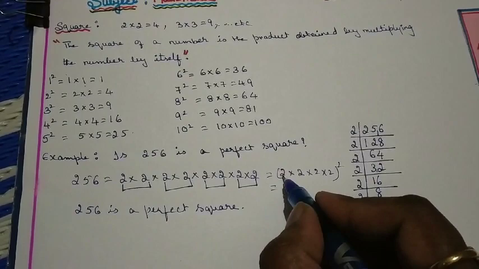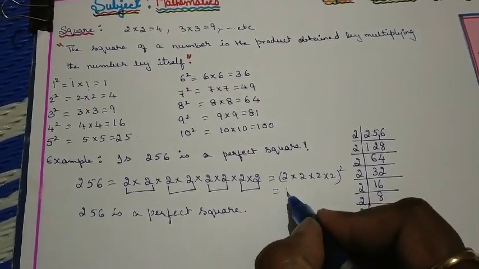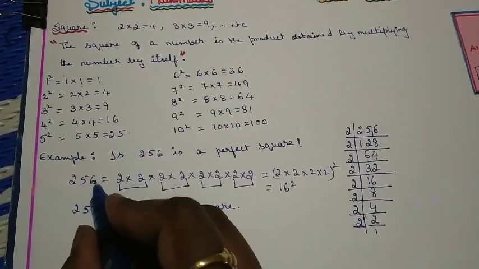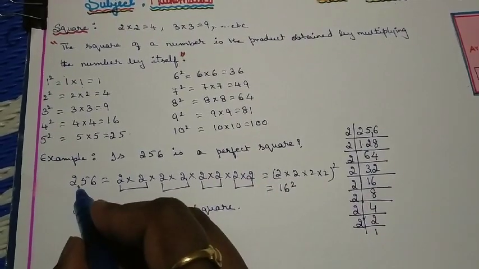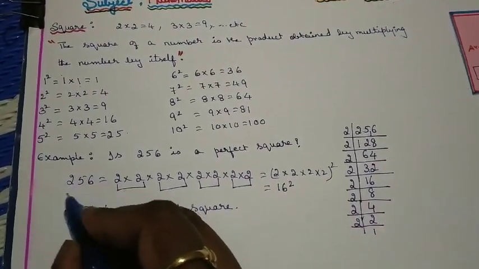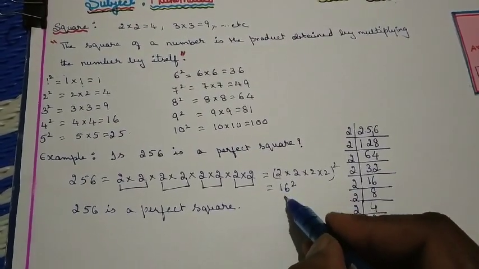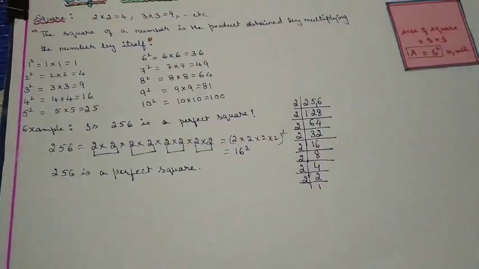Then the product: 2 twos 4, 4 twos 8, 8 twos 16. So 16 square is nothing but 256. So the square of a number is 16 and its product is 256, which is called a perfect square, and this is called the square of a number. That is, 16 square is 256.